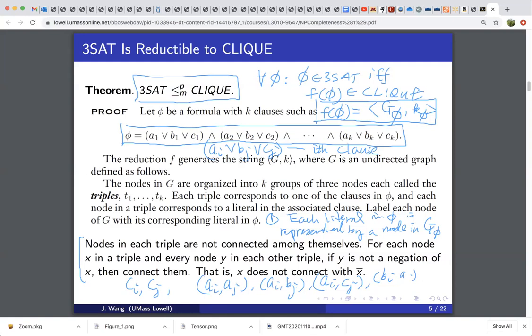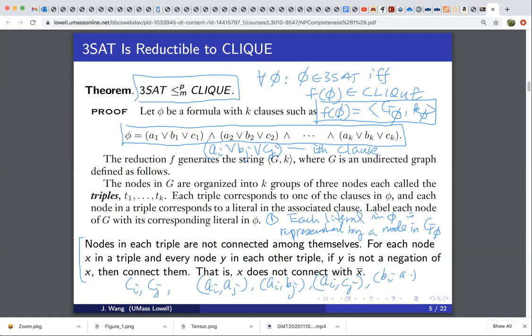So for each node X in a triple that corresponds to a clause, and every node Y in each other triple, if Y is not a negation of X, then connect them. That's basically what it means.